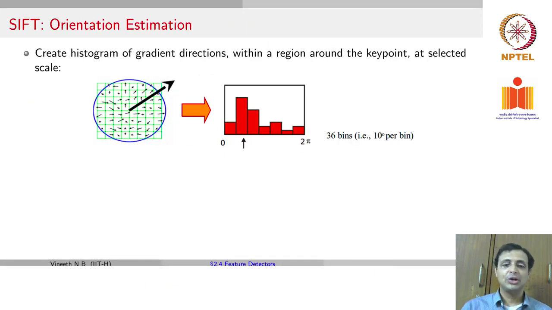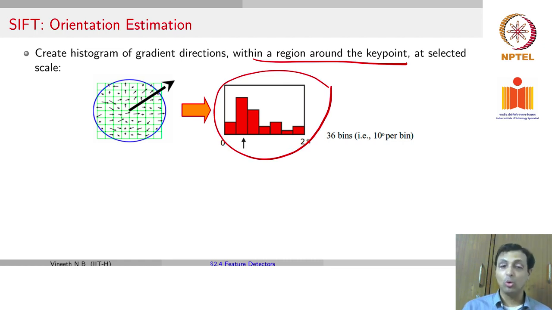Now what we're going to do is take a certain region around the key point. You're not going to rely only on the magnitude and orientation of the key point alone, because we want to capture the local characteristics, not just the characteristics at the point. You take a region around the key point, a certain window, say 5 cross 5, whatever that may be, and you consider the magnitudes and the orientations of all the points in the neighborhood around the key point, and you construct a histogram out of the orientations of all of these points.